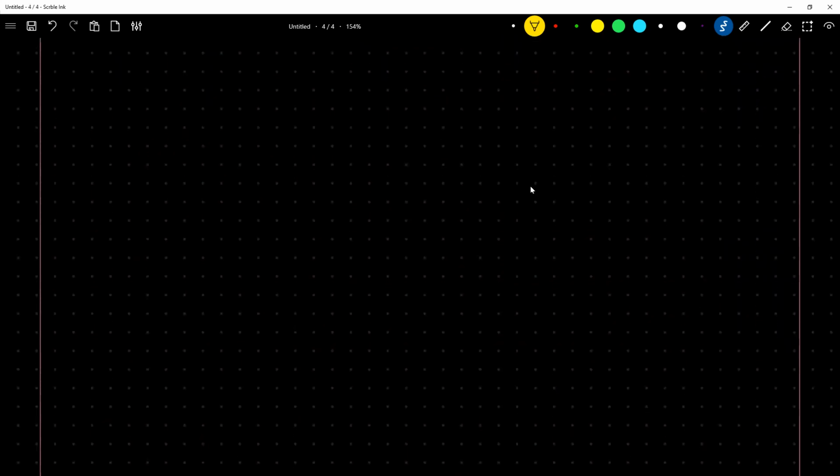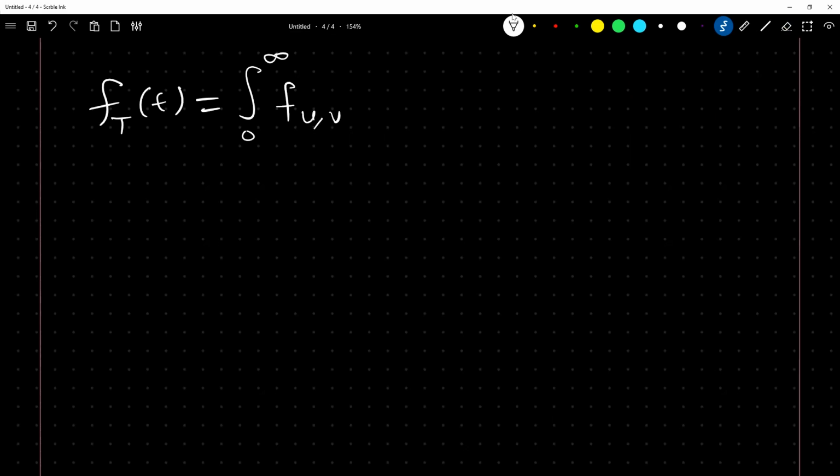Okay, so here's what I'm going to do. I'm going to use this formula here. So I'm going to say f of t. Oops, hold on a second. Wrote that down wrong. So the probability density function is equal to the integral from 0 to infinity of f of u v, but I'm going to put it in terms of some other variables.